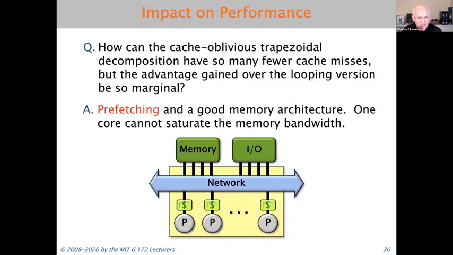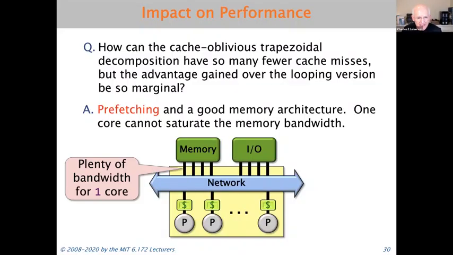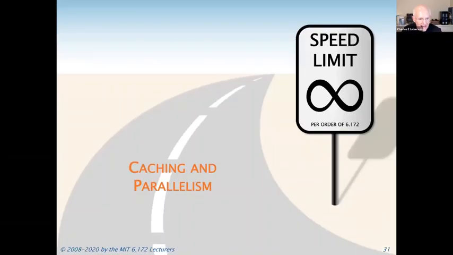Now it turns out that it takes bandwidth for prefetching, and it's a lot more energy than for the looping code. So in any case, there tends to be plenty of bandwidth for one core. Okay, so now let's take a look at a parallel solution.